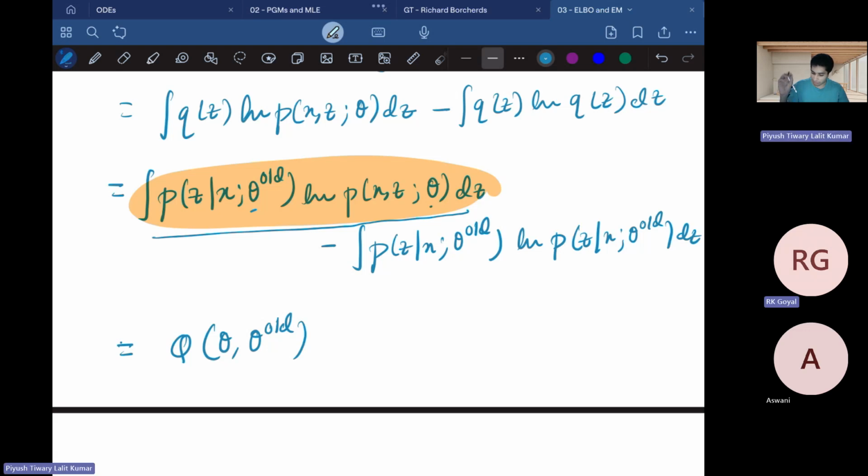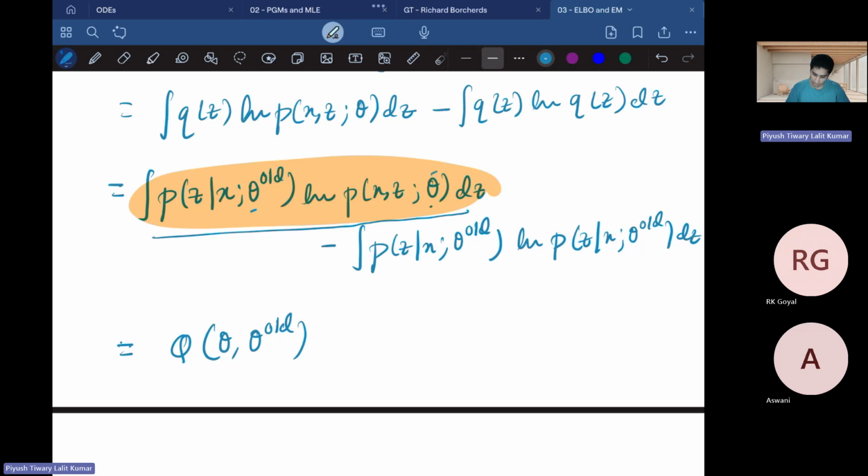Since the purpose is to optimize theta, and assuming that theta old is given, iteratively, yes, theta old is coming from your previous iteration. That is why we are calling it the old theta, the one from the previous iteration.